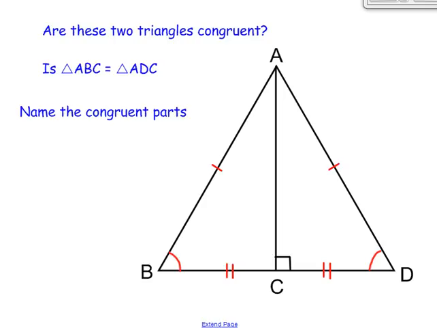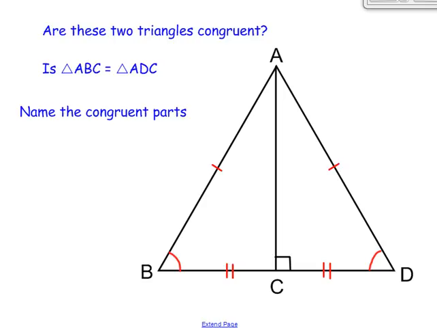And we know that the vertical leg of each triangle is congruent. Why? Because they share the same vertical leg. And by the reflexive property, we know that that leg is in fact congruent to itself. So therefore, the third side on there is congruent.